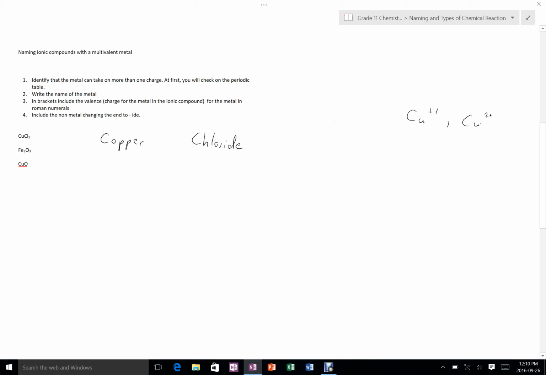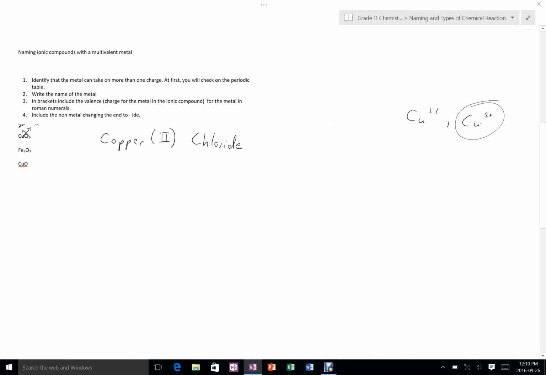Then if I imagine reversing the crossover and look at this particular compound, I can see in this case, this copper was 2+, so this is the valence that occurred here. And so I indicate that in brackets in between the metal and the non-metal. So we would say copper 2 chloride.